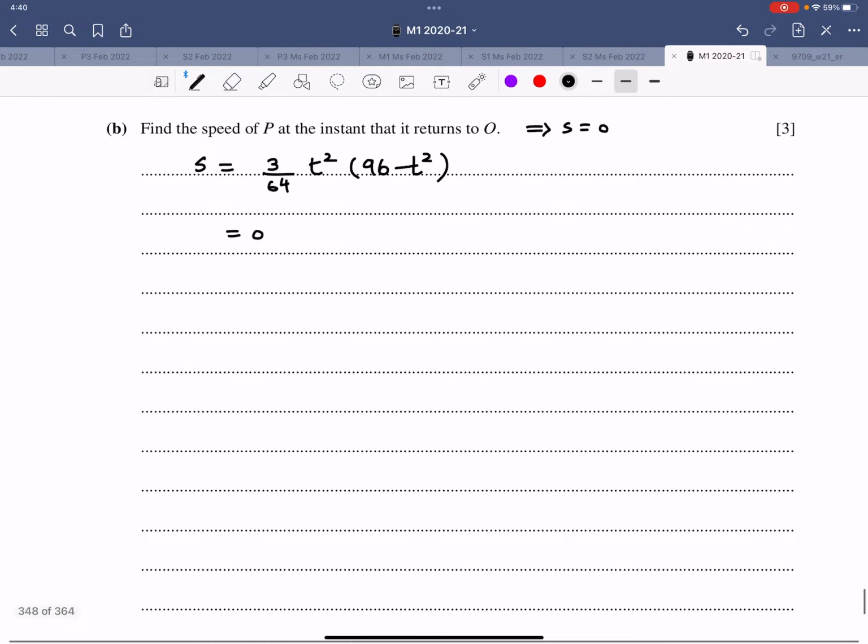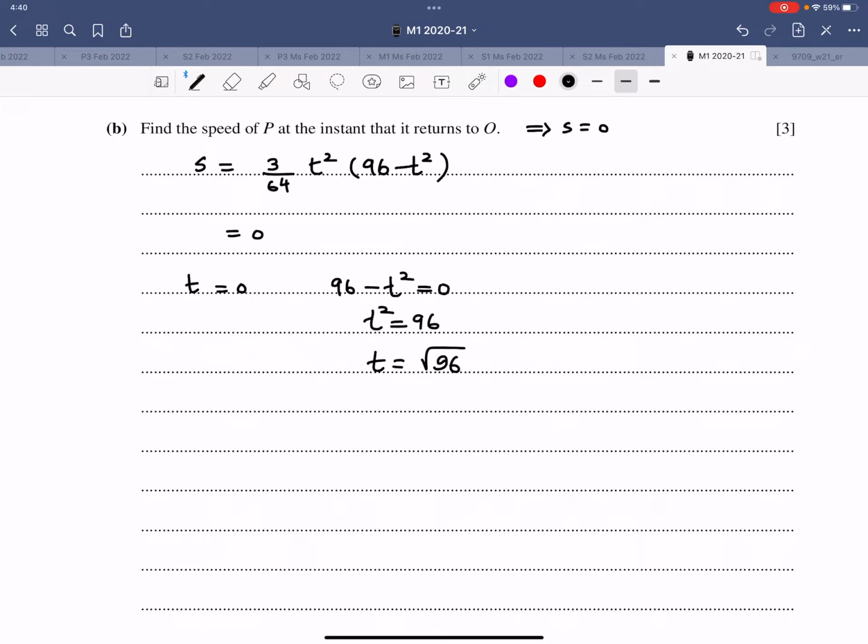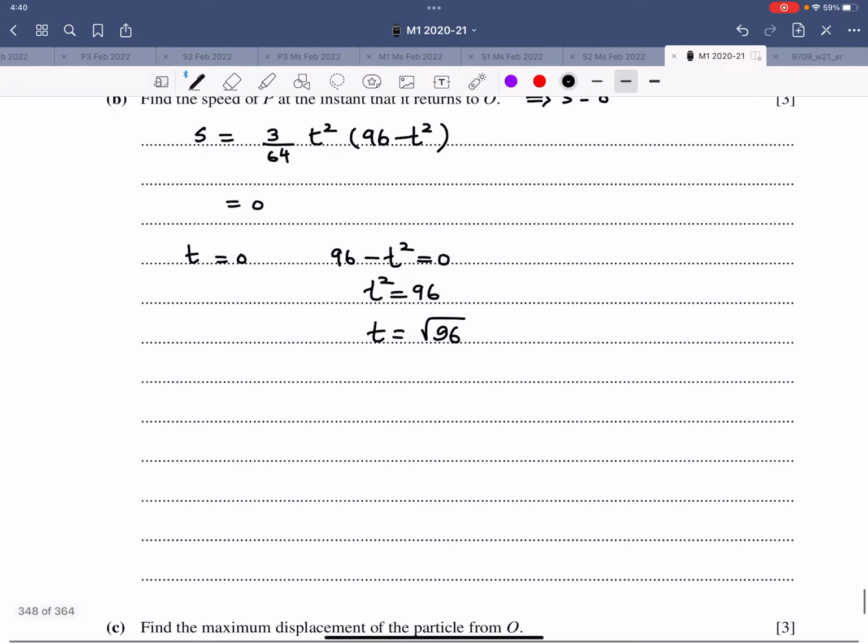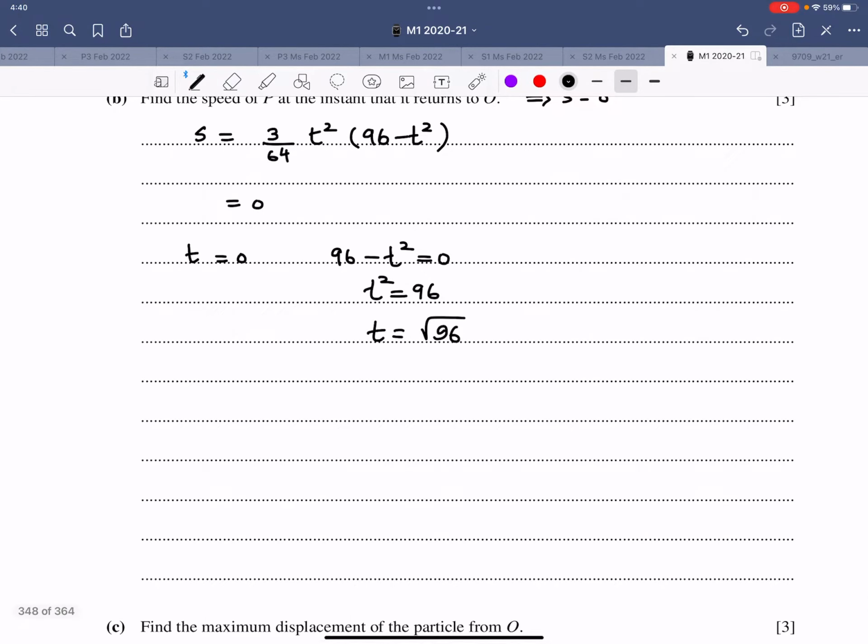The 3 over 64 disappears, t square gives t equals 0. 96 minus t square is 0, so t square is 96, therefore t is the square root of 96. Just use the decimal value if you want to, or leave it as it is.